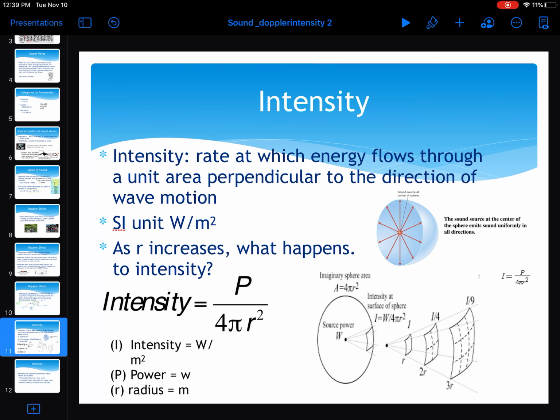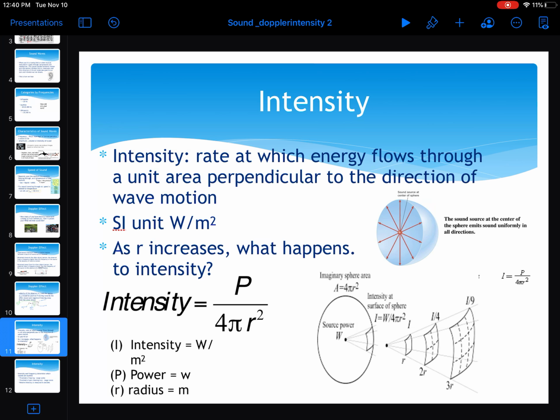Now, 4 pi r squared is the formula for the area of a sphere. So we are seeing that our formula is I for intensity equals P over 4 pi r squared. It just means that my intensity is the ratio where the farther that I get from my sound source, the weaker the intensity, okay?